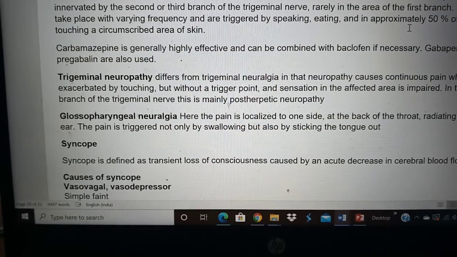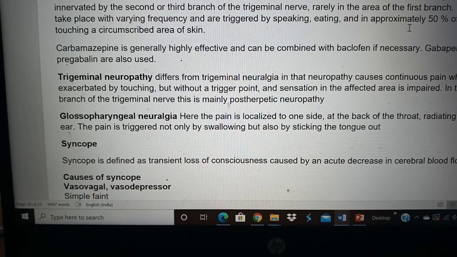The next reason is trigeminal neuropathy. It is not trigeminal neuralgia itself, it's trigeminal neuropathy. Here again, the pain can be increased by touching, but it also occurs without a trigger, on its own. One important aspect of trigeminal neuropathy is that sensation can also be lost.